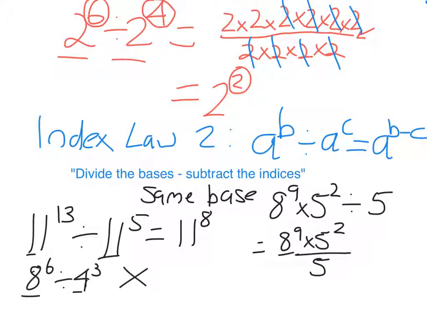Now remember, if something doesn't have a power written, you assume it's 1, because 5 is the same as 5 to the power of 1. So what I do here is I leave the 8 to the power of 9 alone, and then I just focus on the 5's, because they are the same base. So 5 squared divided by 5 just equals 5.